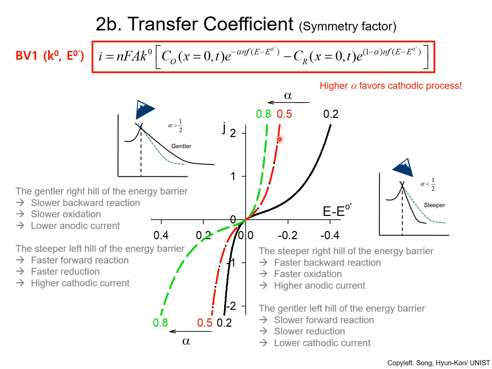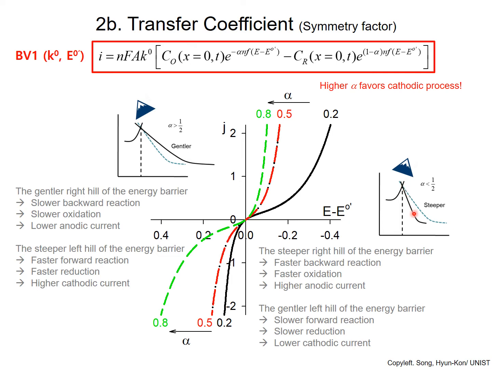Let me go to the 0.2 case for the alpha value. For this situation, that is to say alpha is less than 0.5, we have the steeper right hill of the energy barrier and the gentler left hill of the energy barrier.